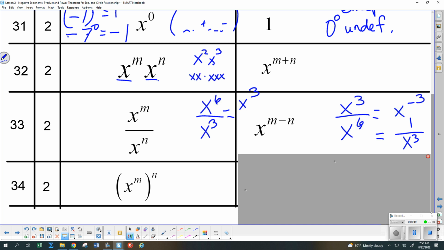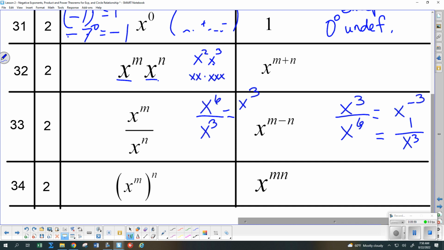And let's keep eyes up here rather than my computer, if you don't mind. Yes. We're going to multiply them in that case. So if this was x cubed squared, that would be x cubed times x cubed, or xxx times xxx. So 6 of them all together.